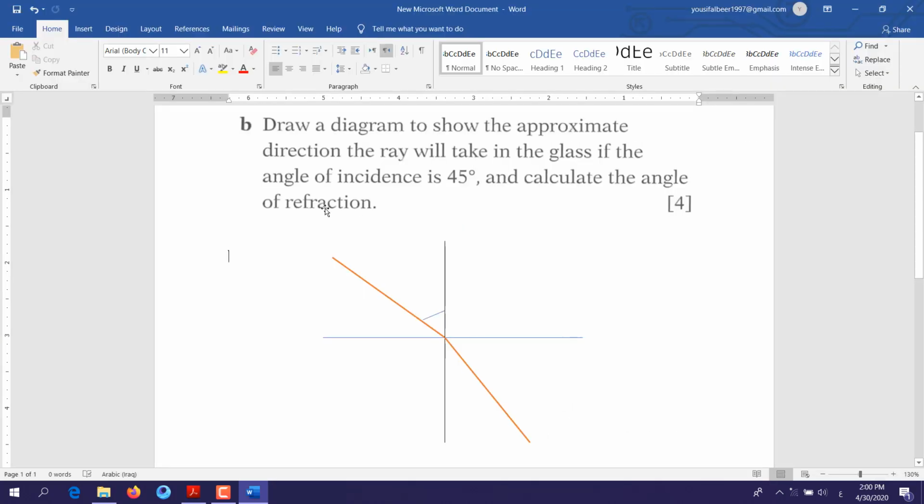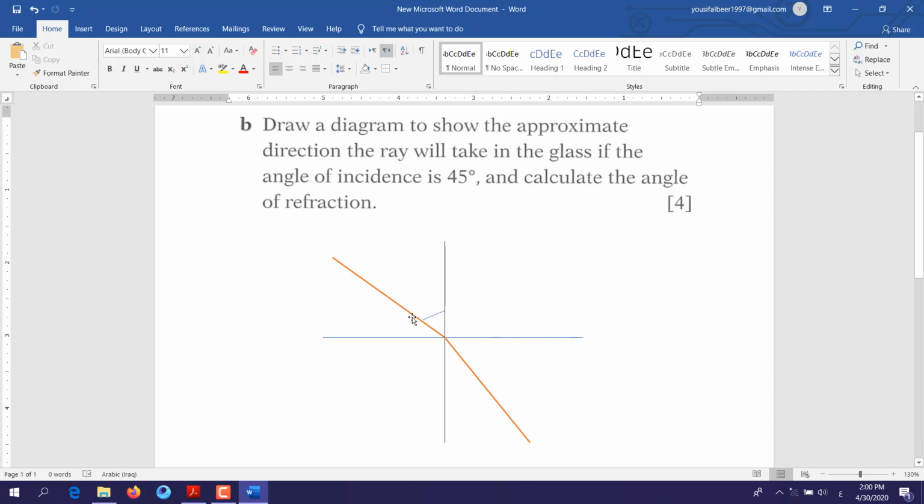Question 8b. Draw a diagram to show the approximate direction the ray will take in the glass if the angle of incidence is 45 degrees, and calculate the angle of refraction. The diagram will be in this way. Firstly, you will have this line.